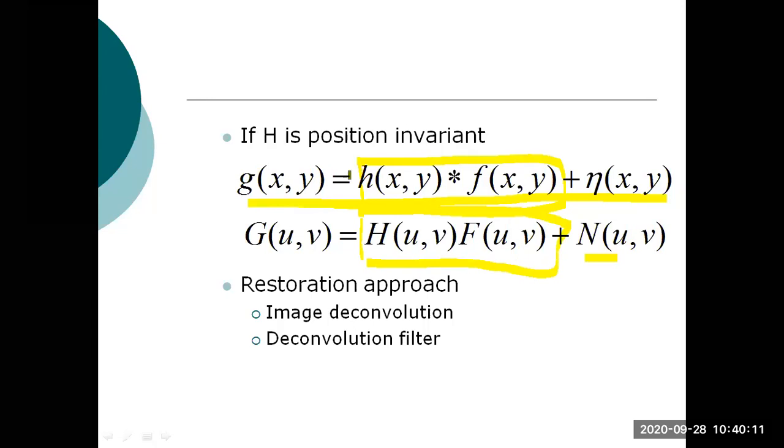The coordinates are changed to u, v. In the previous case x comma y, but in the frequency domain the frequency coordinates are represented with u comma v. For flexibility, we can write small g of x comma y equals small h of x comma y star f of x comma y plus eta of x comma y. And the second expression is for the frequency domain.